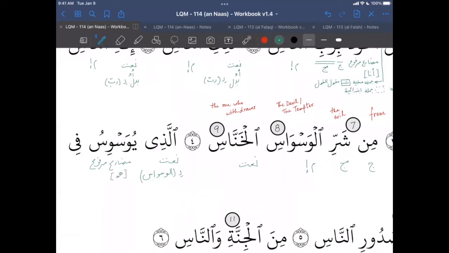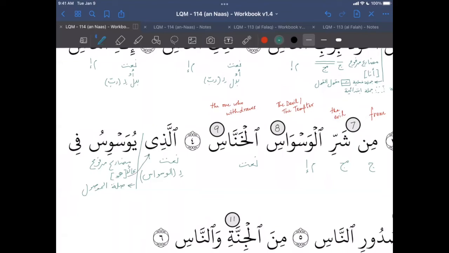Whenever you have an ismul mausul, it has to be followed by silatul mausul, which is what we have, yuwaswisu. And the a'id is huwa, which goes back to Allazi.